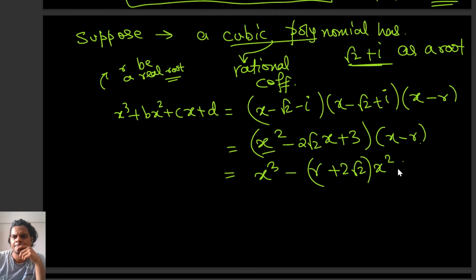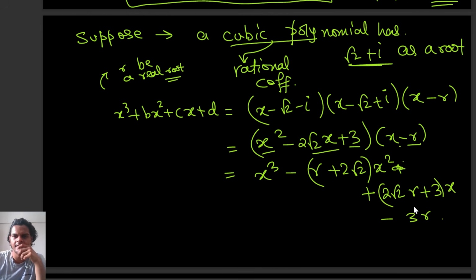And what's the coefficient of x? The coefficient of x will be, suppose I multiply these two, I'll get plus 2 root 2 r, and suppose I multiply these two, I'll get plus 3 into x, and the last term would be minus 3r, right?